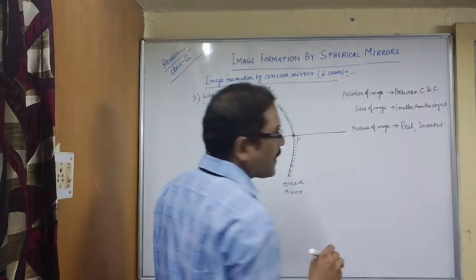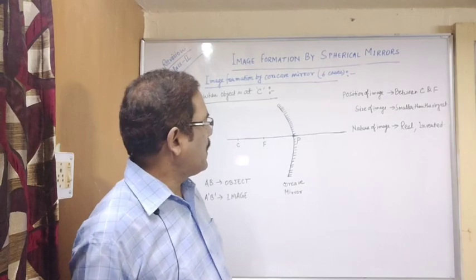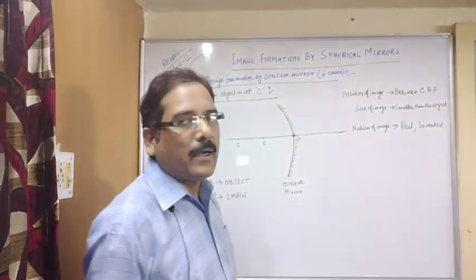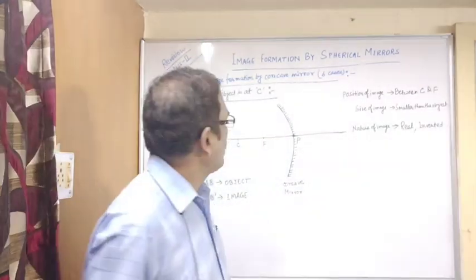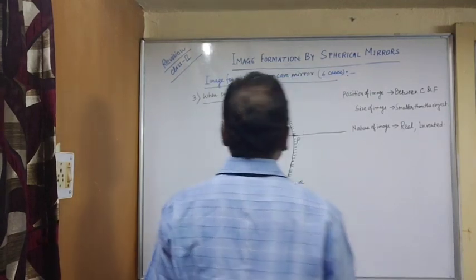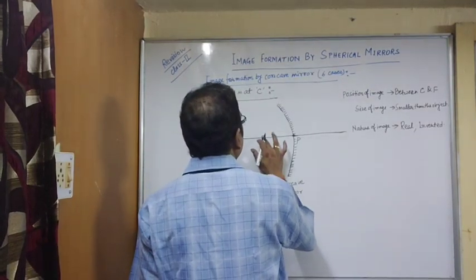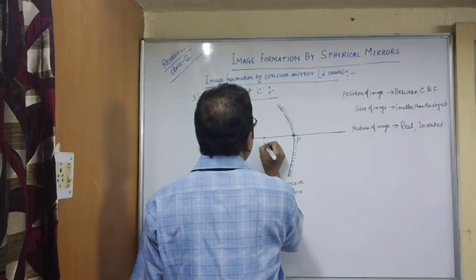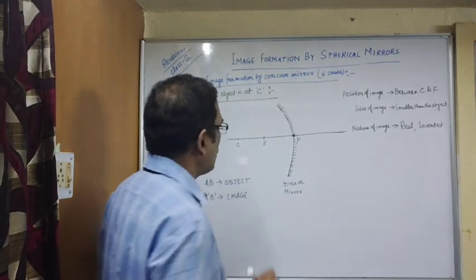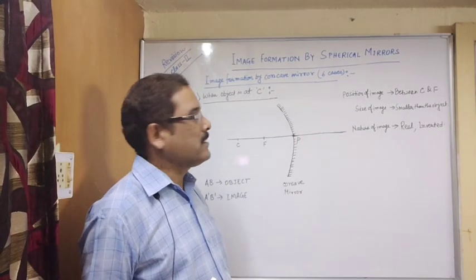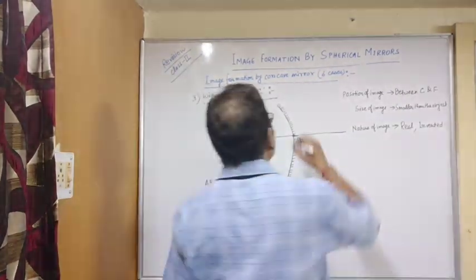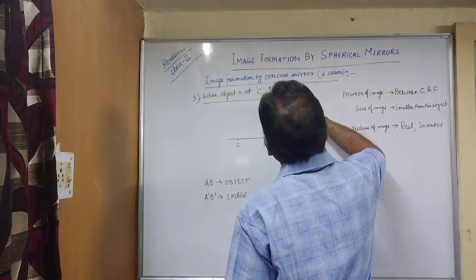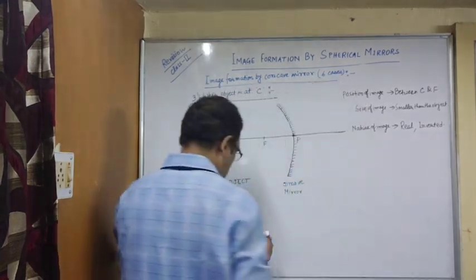Particularly for this ray diagram, your measurement should be accurate. If F is not exactly in between P and C, you will not get image at C. So accuracy is needed, particularly for this case.